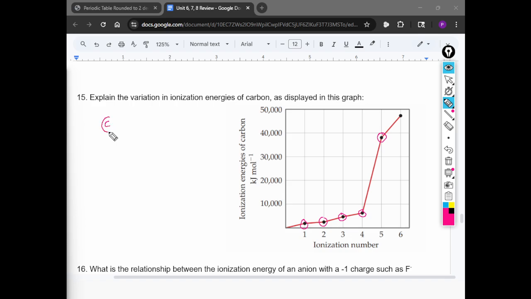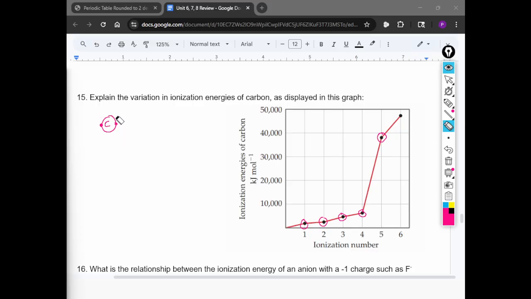If we draw the shell model of carbon, okay, so we have 1, 2, 3, 4, 5, and 6. All right, so taking off the first electron would be right here. So it would be doing this. Second is doing this. Third is this.